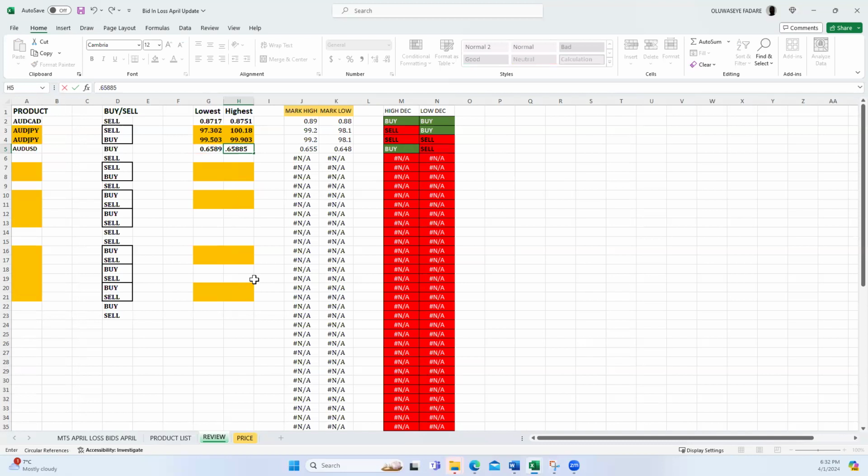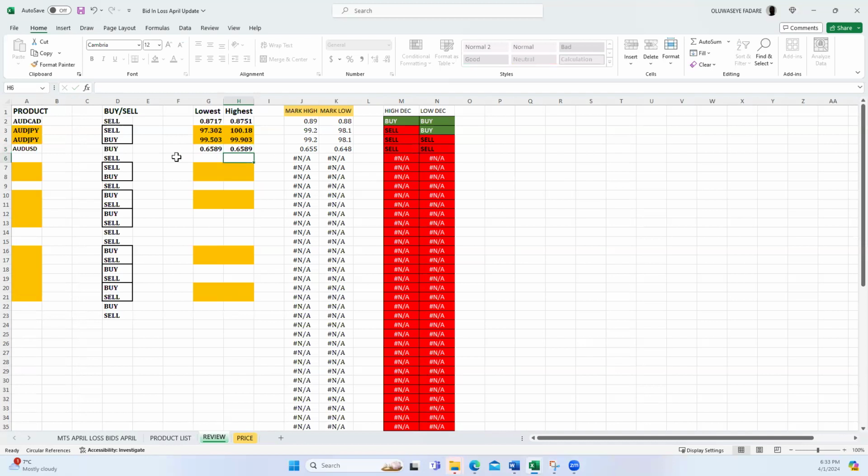Oh, sorry, let's see if it's a buy or a sell. Let's get the final result. So it should be a sell. You can see currently our high is 0.655 and our low is 0.648.